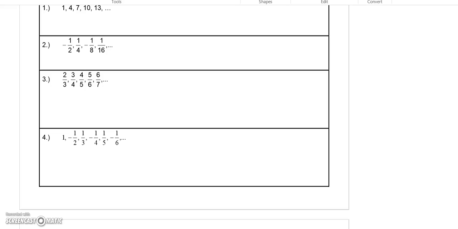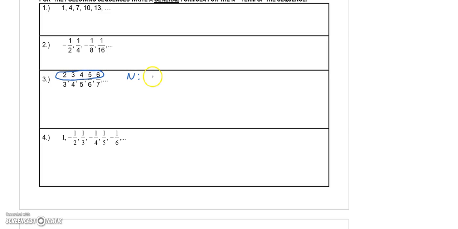However, if I look at just the numerators, capital N for numerator, that's a pretty basic explicit formula to write, right? If my sequence was just numerators, that's arithmetic: 2 plus 1 times (n minus 1), which gets me n plus 1.